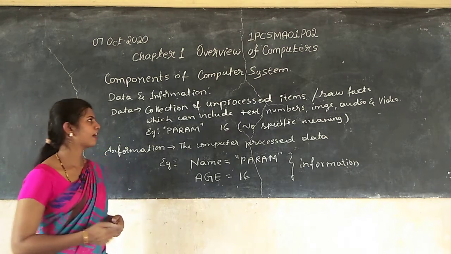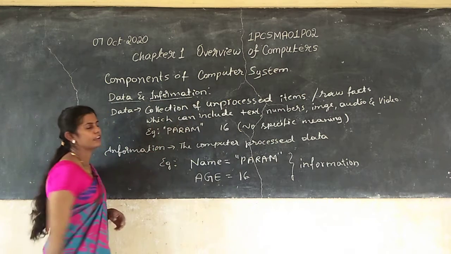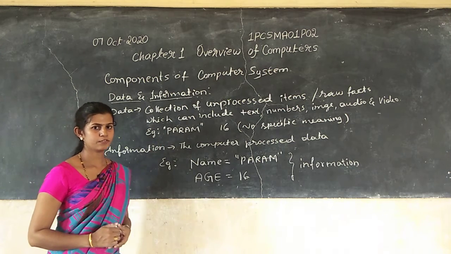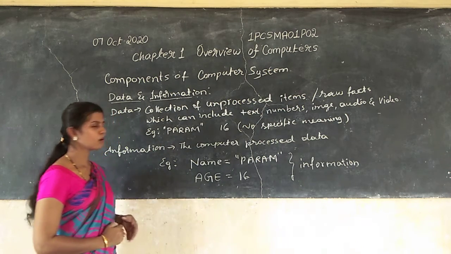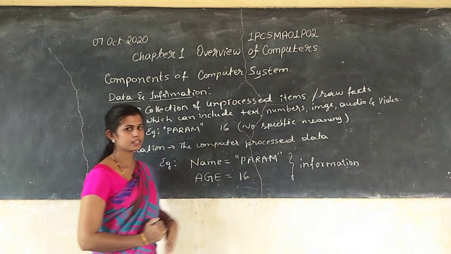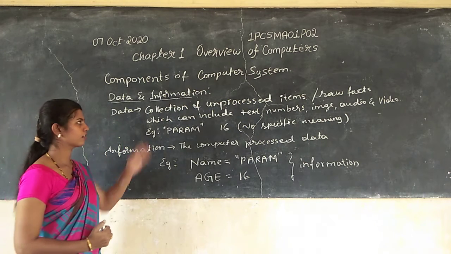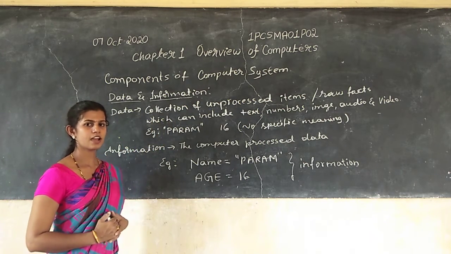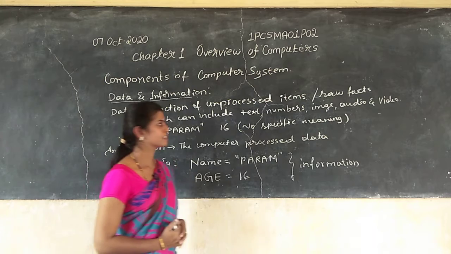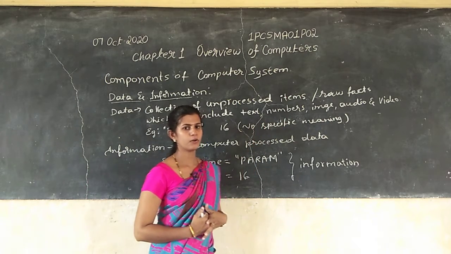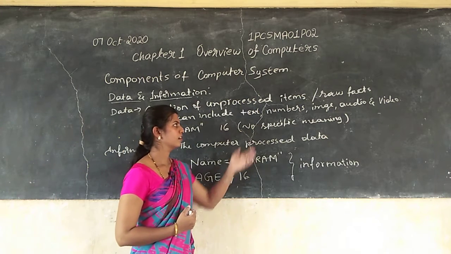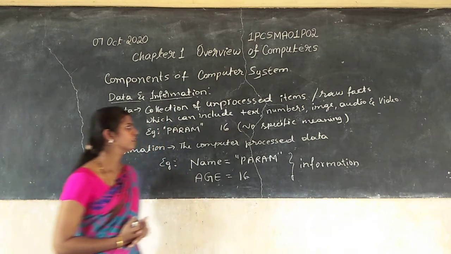The next component we have is data and information. Data and information are terms usually used in the field of computer. What is data? Data is a collection of unprocessed items, or a raw fact. It includes text, numbers, image, audio and video.